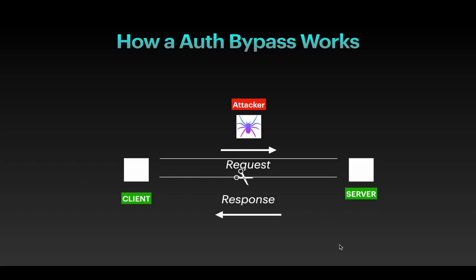And when the attacker is able to modify the response, then there becomes an authentication bypass, if the application is just checking the client side code instead of checking the server side code.